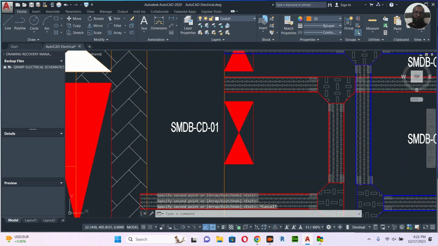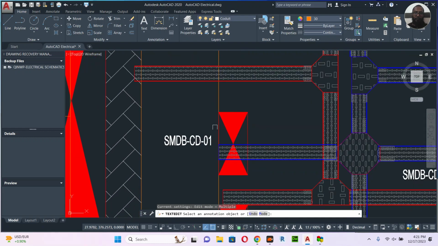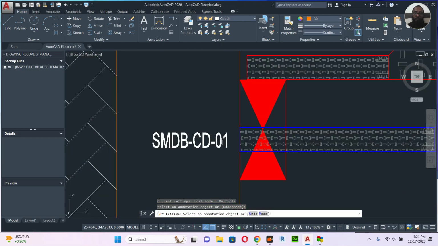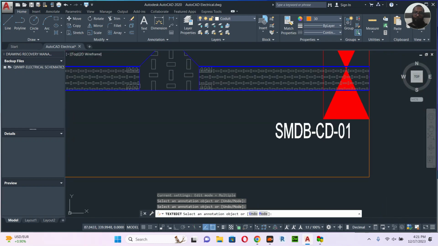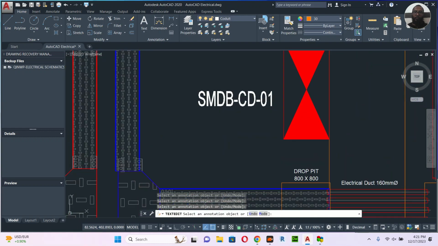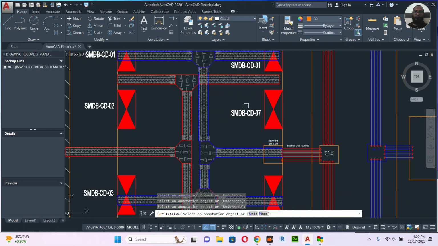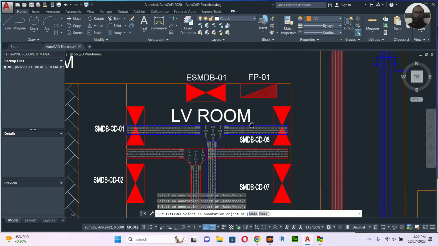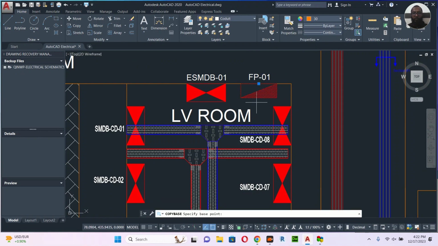So let's name it 2, 3, 4, let's make 5, 6, 7, 8. So this one I will copy, Ctrl Shift C.